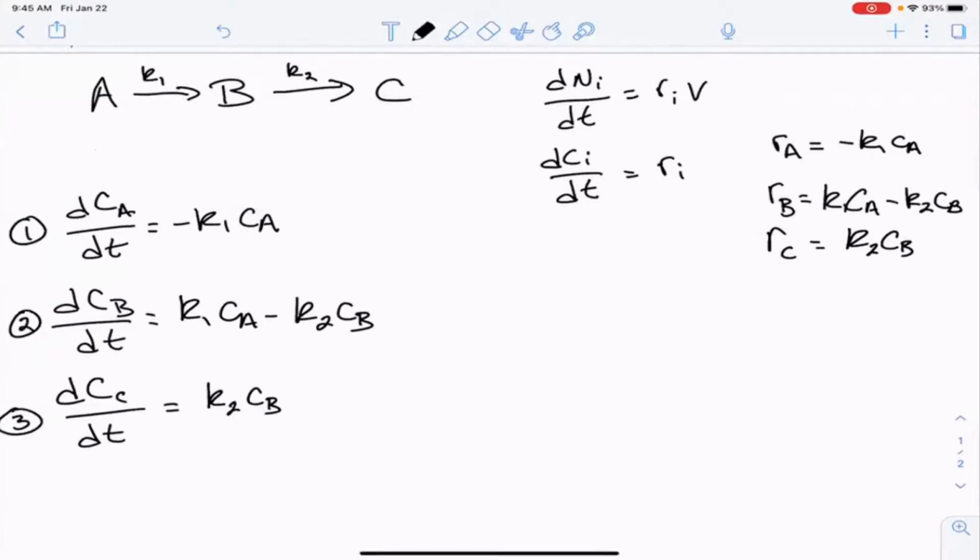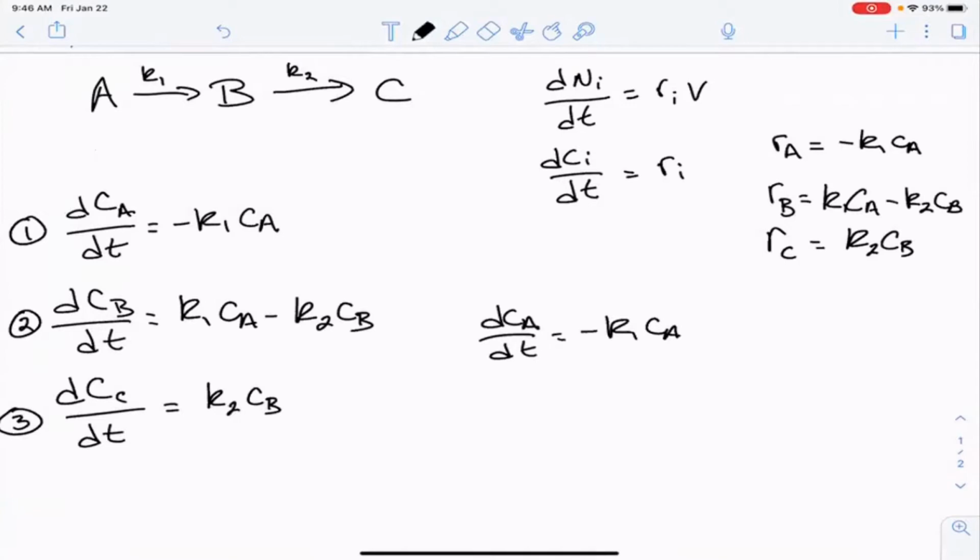So let's look at equation 1. We have dCA/dt is equal to minus K1 times CA. Hopefully that looks familiar because we've actually solved this problem already multiple times. This is the same solution as when A goes to B from K1. And from A's perspective, it has no idea that the second reaction is even happening. So we're fine here.